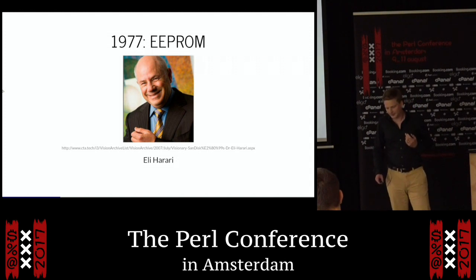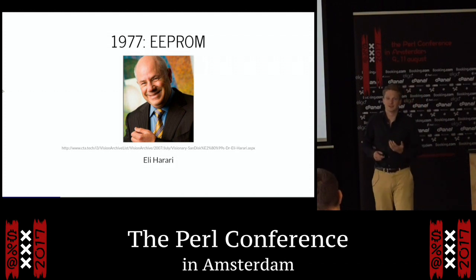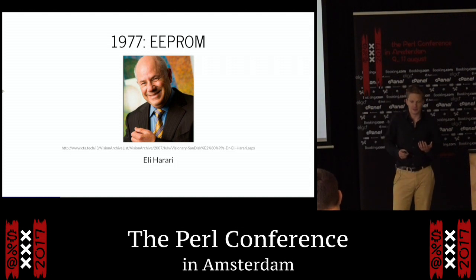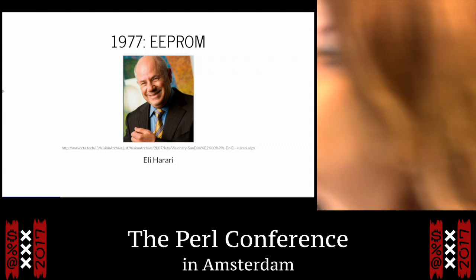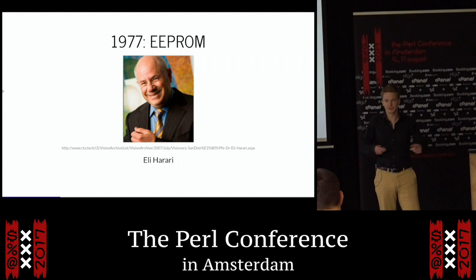Now he got rid of this window on the top of the chip where you had to use ultraviolet light to erase the flash memory again. So you could do that electronically, but still erasing was much harder than writing to it. It needed more effort, a higher voltage. You usually erase larger blocks than you write to, and it needed more time than writing to it.